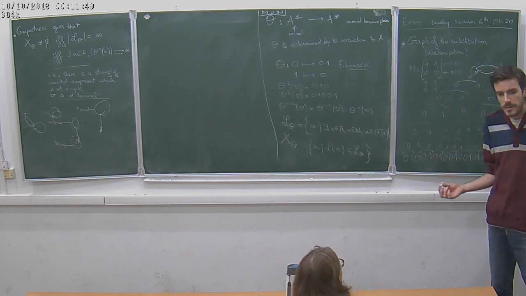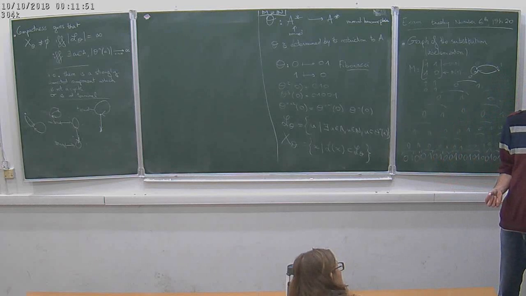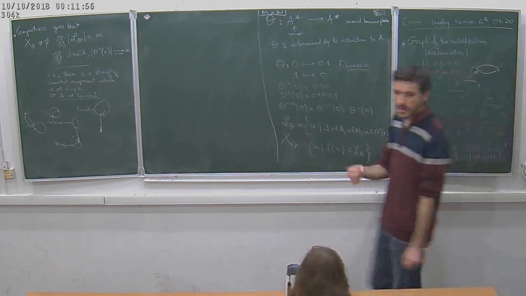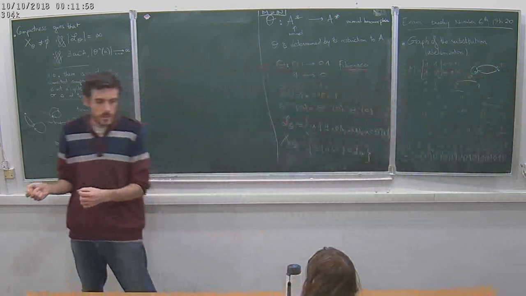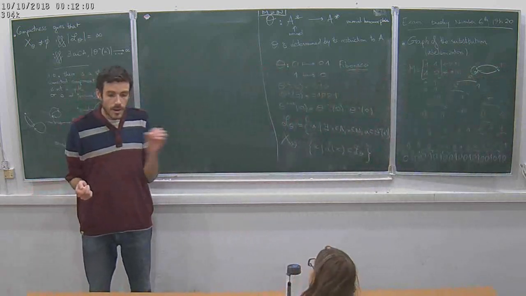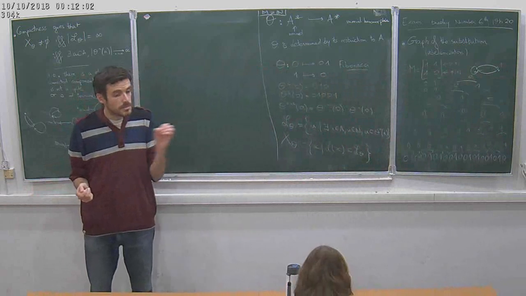Maybe we can start by taking as a word just one letter. I want a subshift where if I take 0 or if I take 1, they are present in all configurations with bounded gaps.